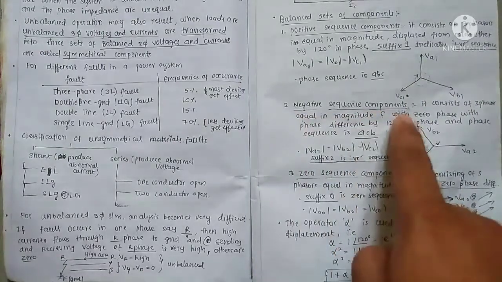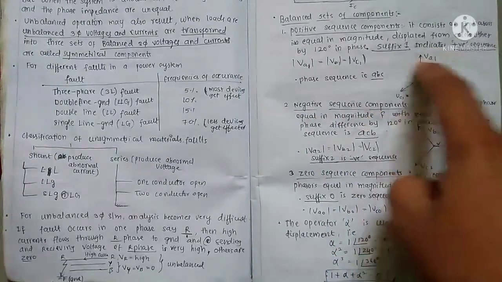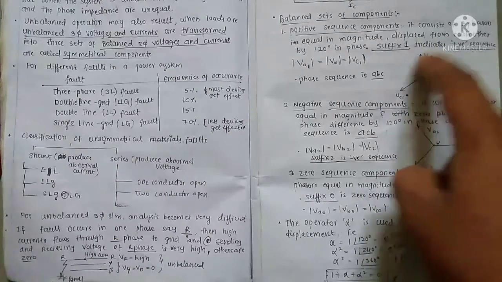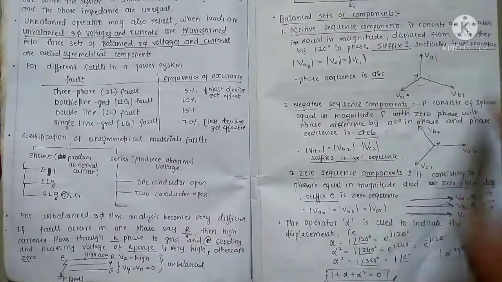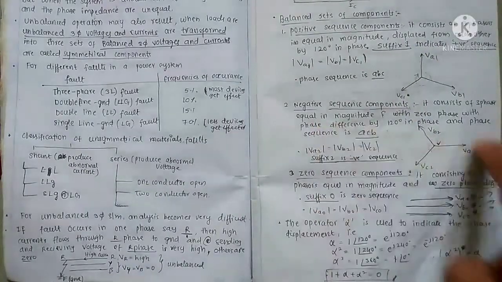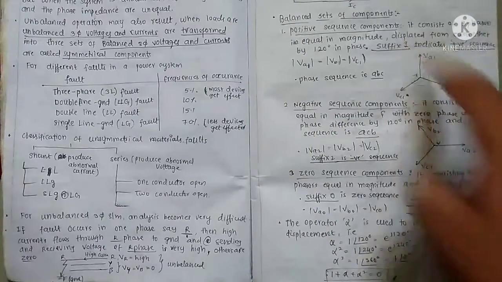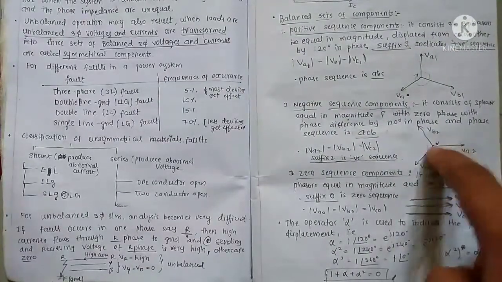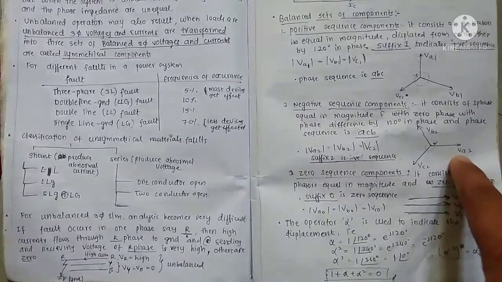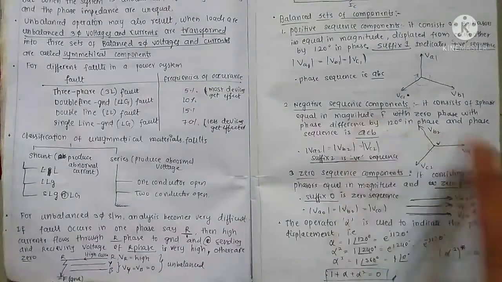In the negative sequence components, VA1 is called the reference vector. Here in the negative sequence components we draw a horizontal reference vector VA2, that is, suffix 2 indicates negative sequence, right?